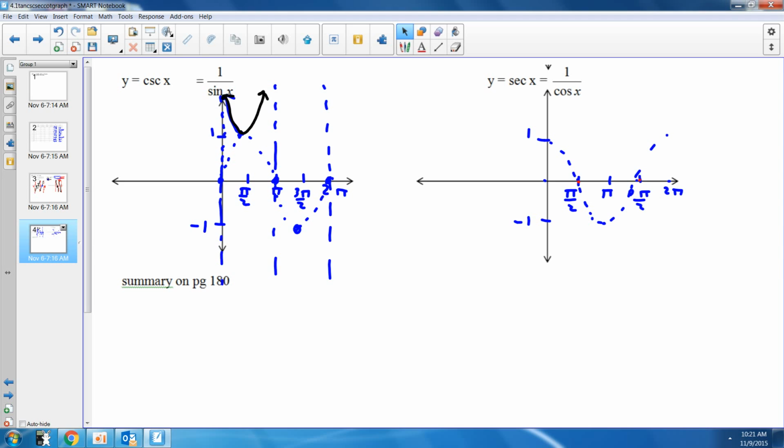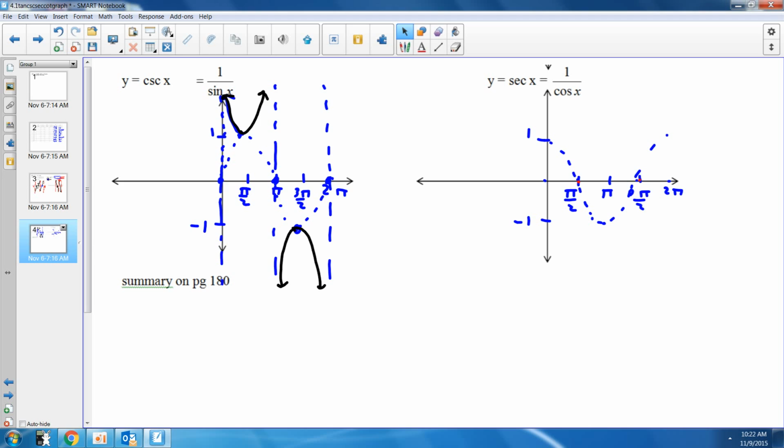As this comes down to 0, this is a reciprocal idea where it's going to go to infinity. Same thing on the negative. Approaching 0 from the negative side, on the bottom, it's going to be like negative 0.0001. When you divide by that, it's going to be a very large negative number.